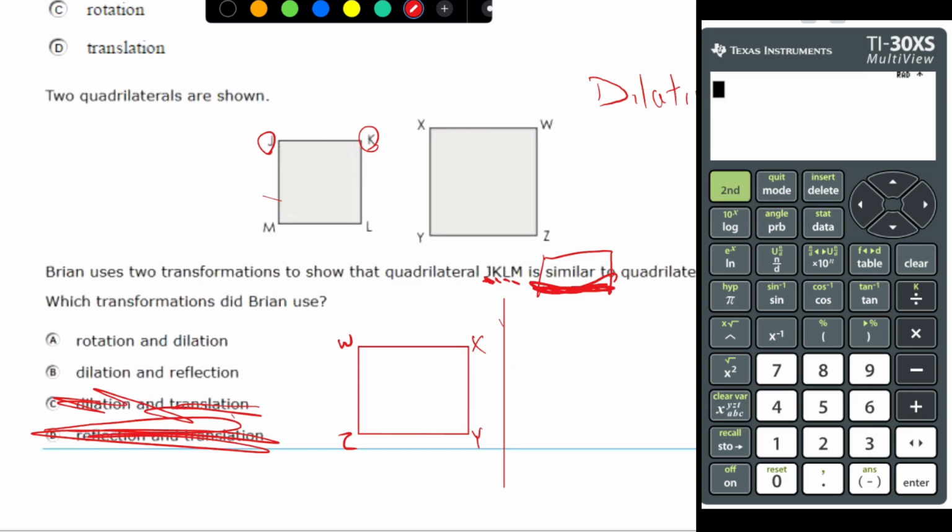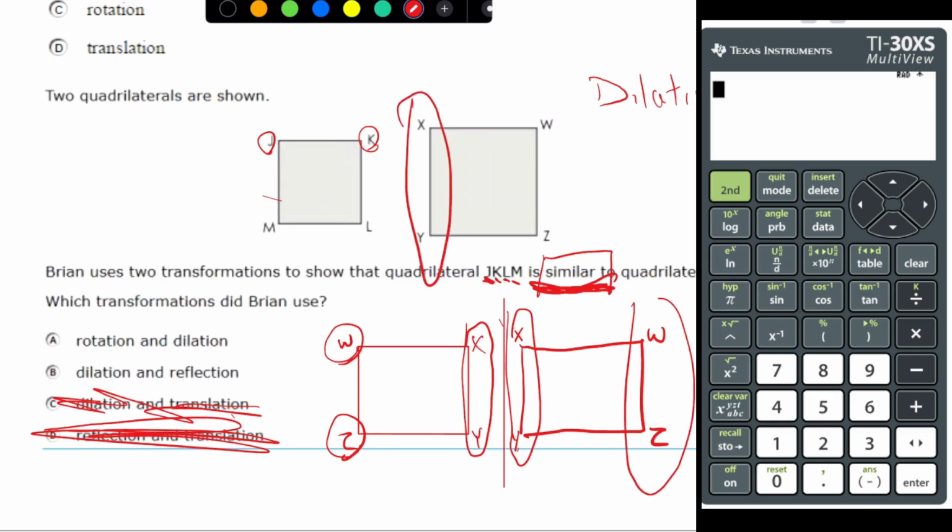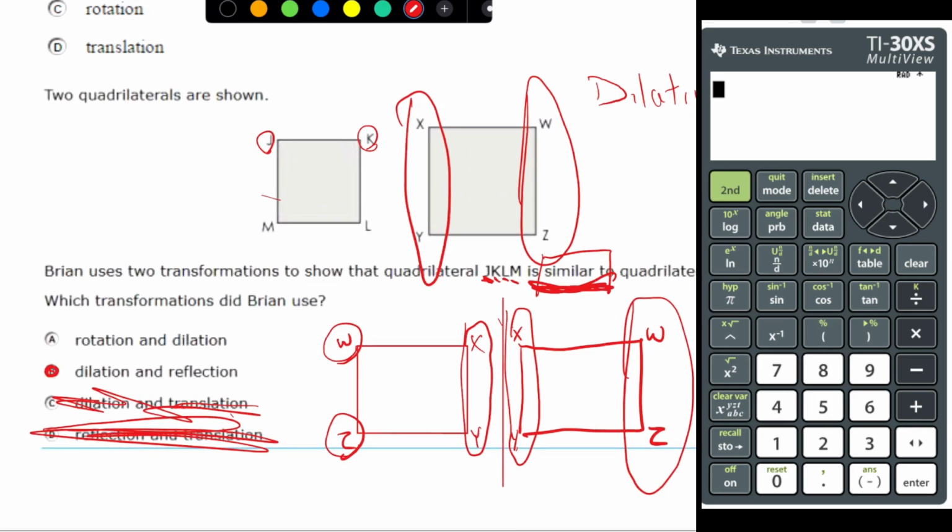The spots that are closest to the y-axis, which would be X and Y, after you reflect the shape, would still be the spots closest to the y-axis. So it would be X and Y. Your spots that are farthest from the y-axis would still be your spots farthest from the y-axis. Okay? Does this orientation match what we have? XY on the left, WZ on the right. Yes, it does. So this would be a reflection and a dilation.